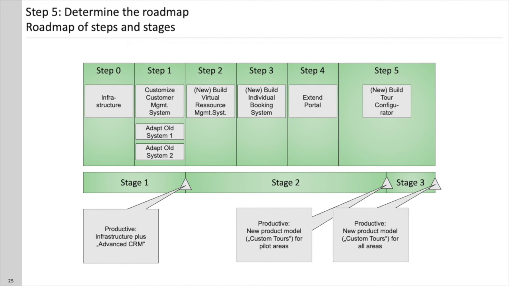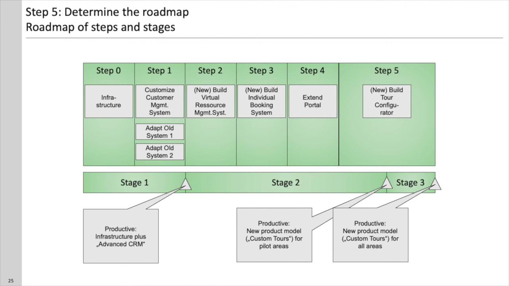And then from step 5, building the tool configurator, we sort of do only part of that, only a subset of steps. And so a reference scenario in this case may, for example, be to do this for only pilot areas. So a decomposition of the data needed.